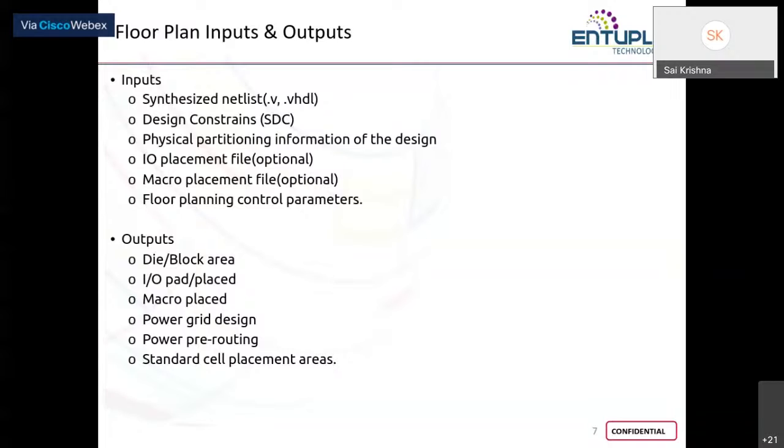Three are your primary inputs that you'd require, and along with this, you might also have the chip architect. Let me keep it more simple.